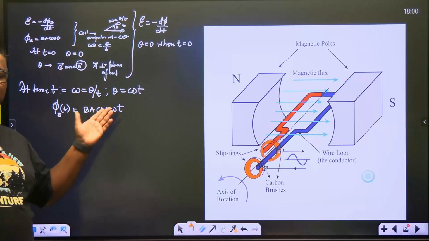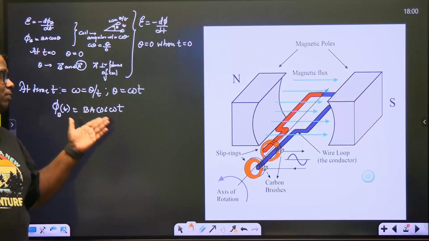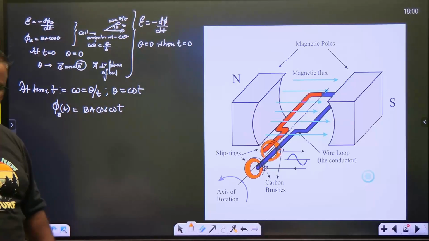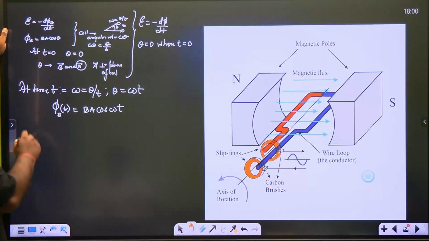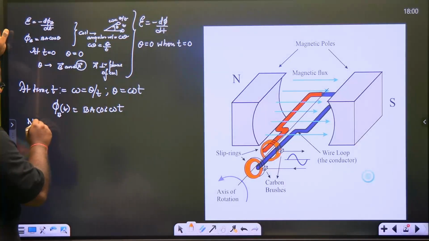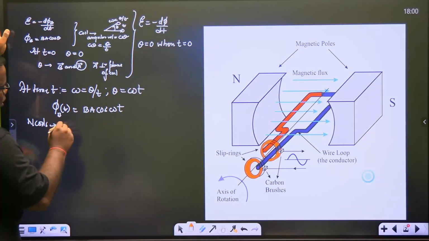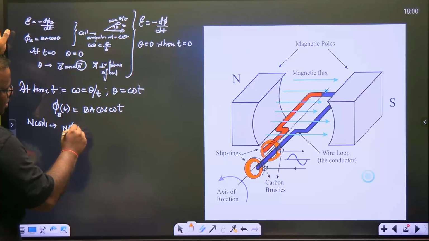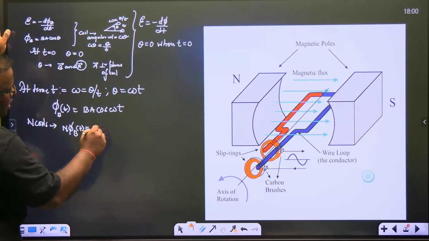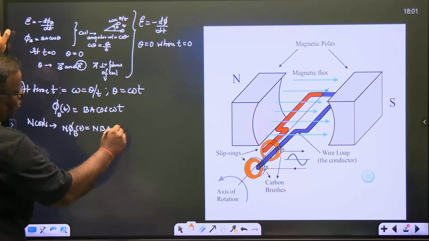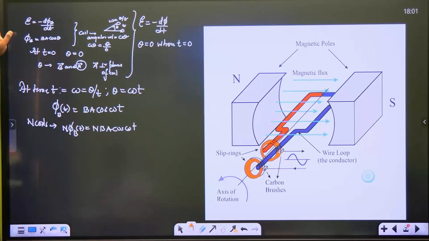We now made it a function of time. At time t, the flux is given by cos omega t. Agreed? Now, I have got how many coils? I have got N number of coils. So my total flux linkage will be how much? N phi B at a time t is given by NBA cos omega t. Do you agree or not?